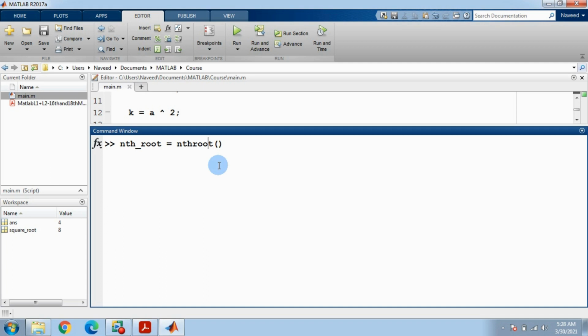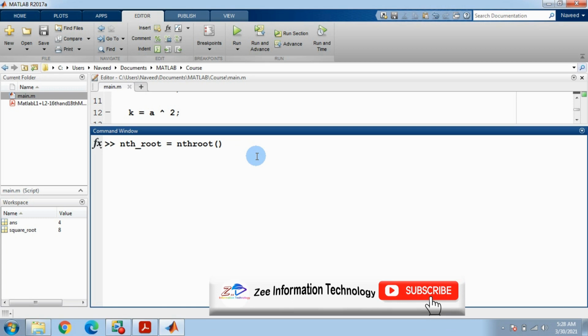And there is a lot of help available in order to know the predefined Matlab functions. We'd be discussing the documentation in the next slides, how to learn from documentation, or how to search different functions, or how to get help on those functions. But for right now, let's just do the nth root example.